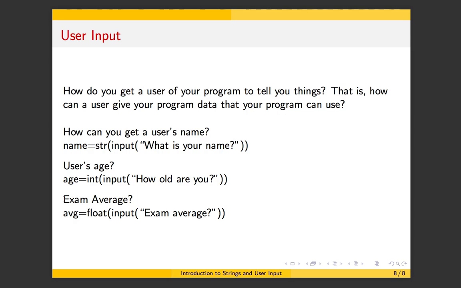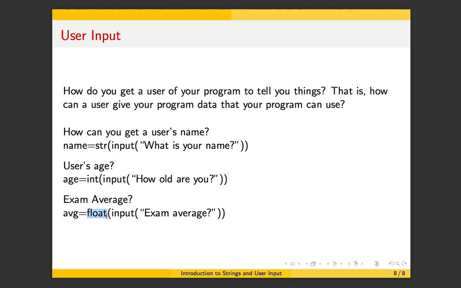On the other hand, if I ask you, hey, what was the average on the exams you got in some course, like you took exam 1, exam 2, exam 3? What was the average? Well, an average, much of the time, is not a whole number. Averages a lot of times have fractions. So the way you deal with that is this word float in computer science. Float is just a fancy way of saying a decimal number. So int means whole number.